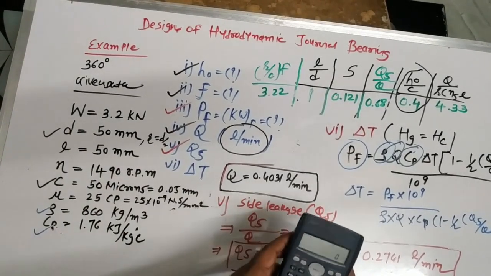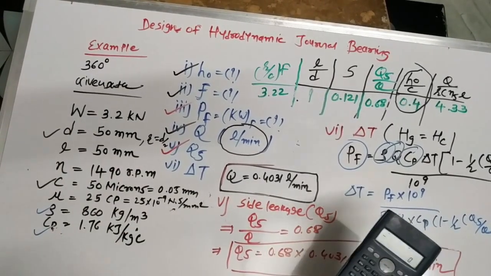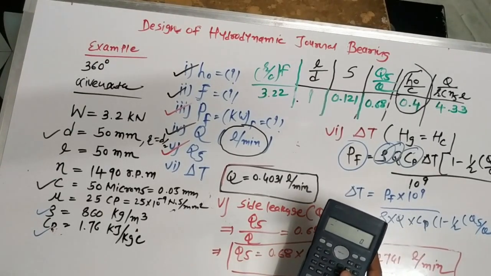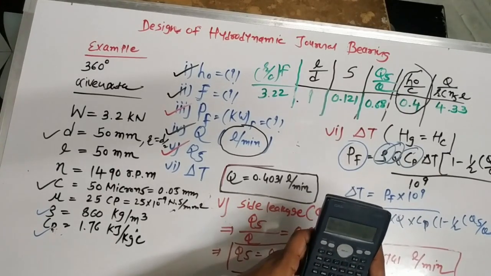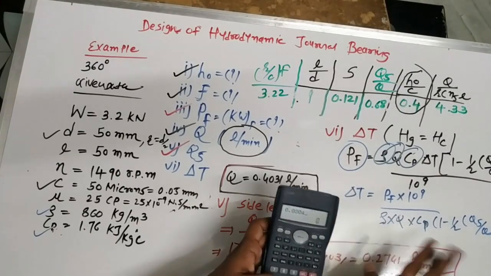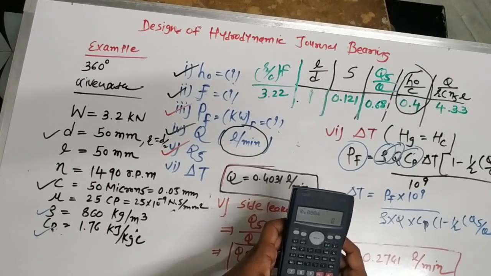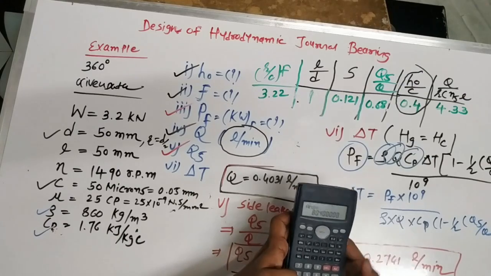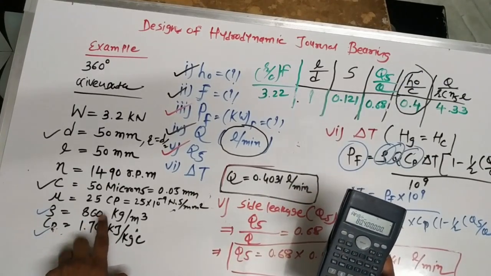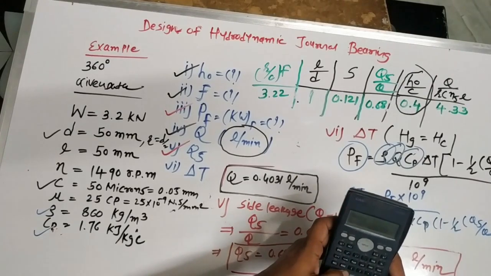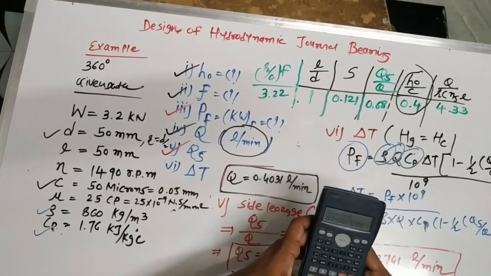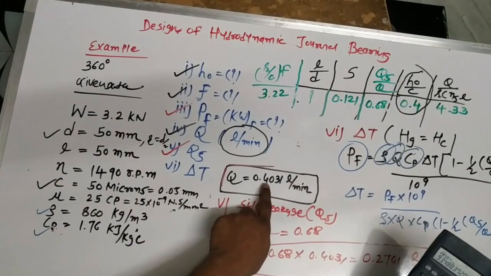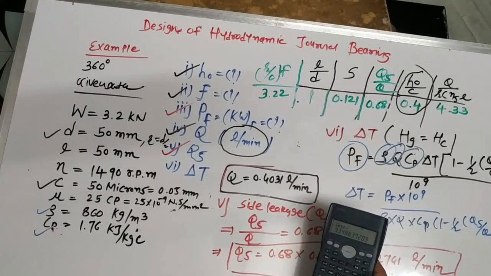Pf we have already found out, and the answer is 0.0804, which is basically in kilowatts, into 10 raised to 9, divided by rho, that is 860 kg per meter cube, divided by Q, that is 0.4031 liter per minute.